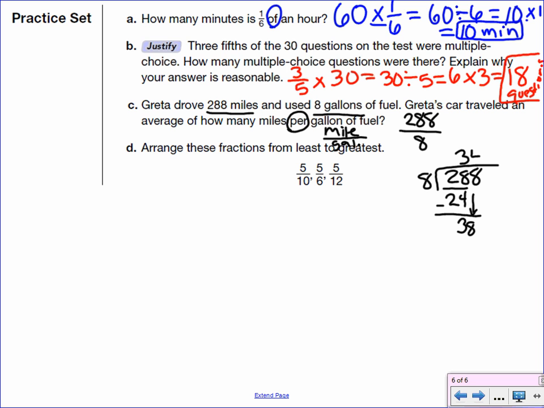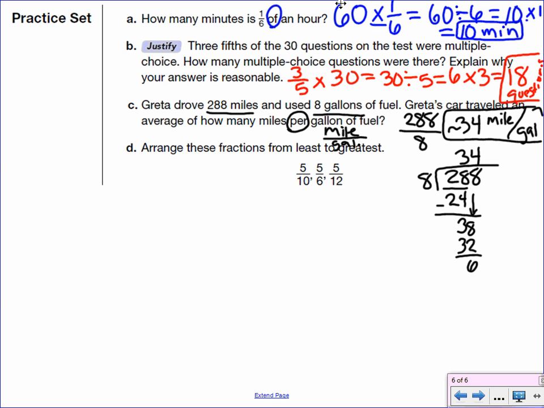Goes in 6 times. So we're going to say about 36 miles per gallon. And the symbol like that, a little squiggly line. And then miles per gallon is the units.